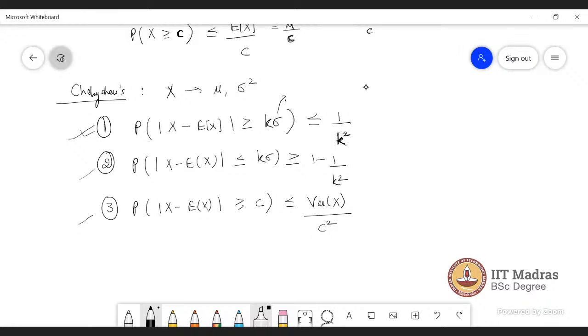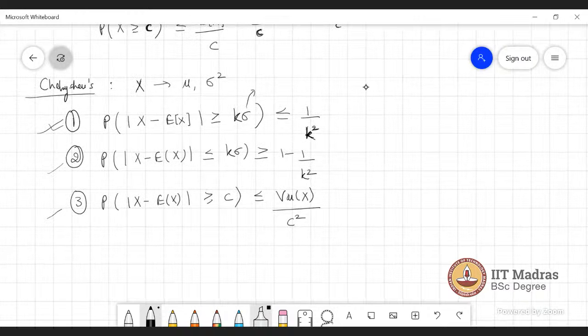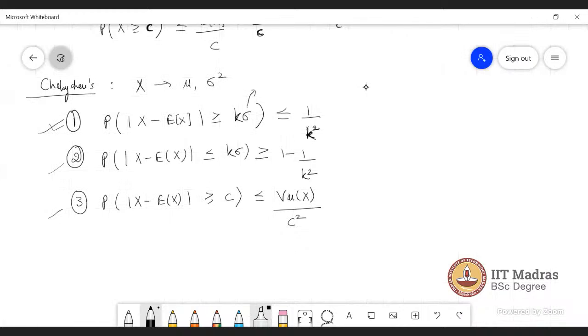If you look at the first inequality, what it says is, if you have a random variable x centered at the mean mu, this is the probability that your random variable lies beyond this range, that is mu minus k sigma to mu plus k sigma.